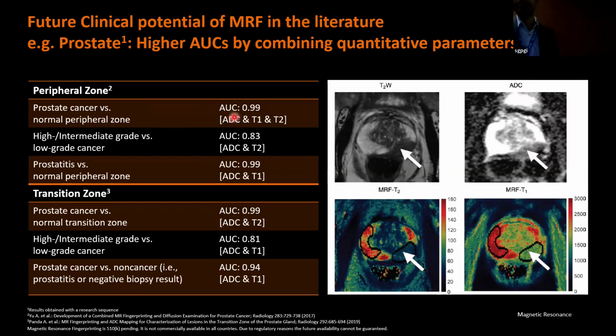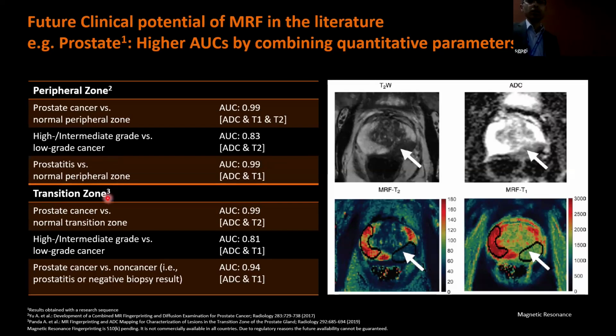The fingerprinting-based scheme was able to get very good AUC values and to differentiate between prostate cancer versus normal peripheral zone. It has a very good correlation in differentiating high and intermediate grade versus low grade cancer as well, and prostatitis versus normal peripheral zone as well.